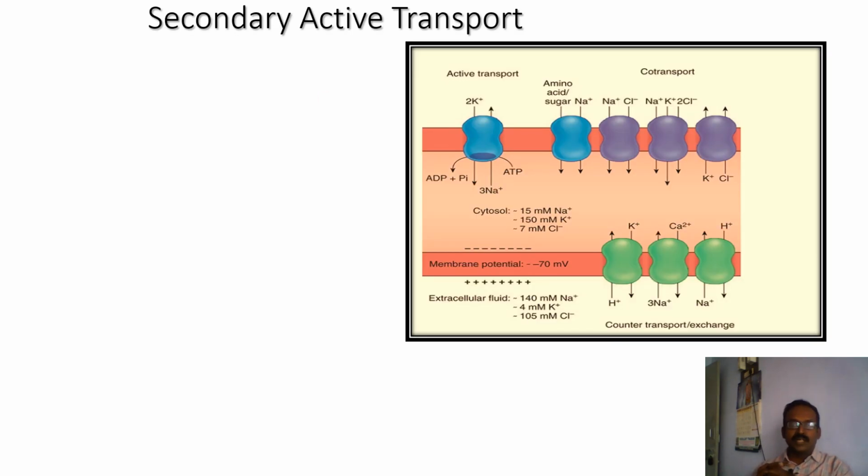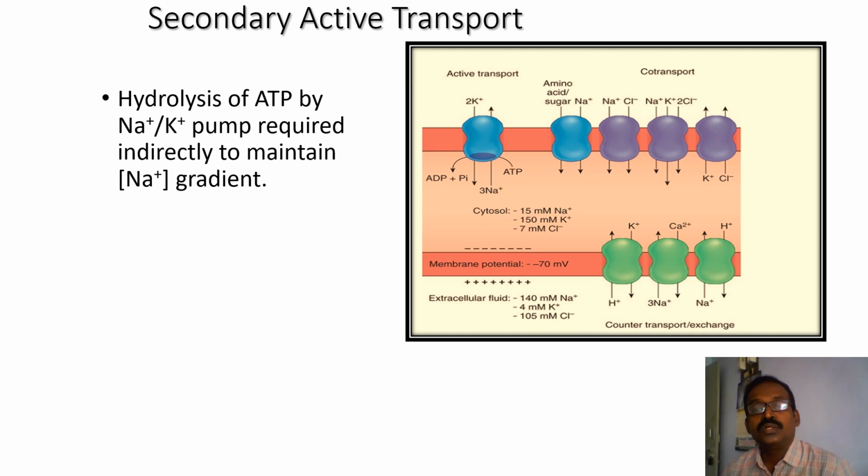Secondary active transport is a type of active transport. In primary active transport, energy is directly utilized, but in secondary active transport, energy is indirectly used. Here the sodium potassium pump pumps 3 sodium outside and 2 potassium inside.